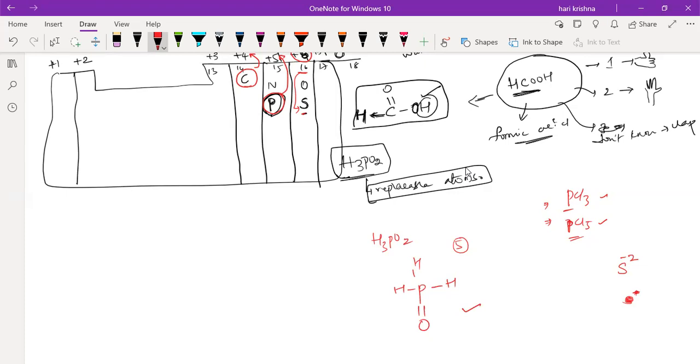Can't we do it as a triple bond to H and double bond to O? No. Always phosphorus to hydrogen, only a single bond will be formed. Hydrogen will form the duplet configuration, right?